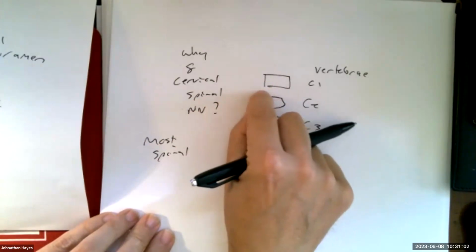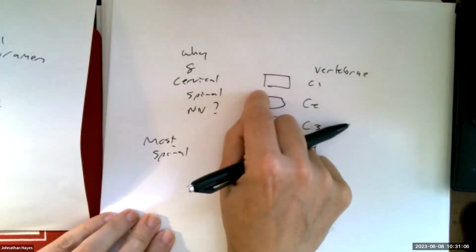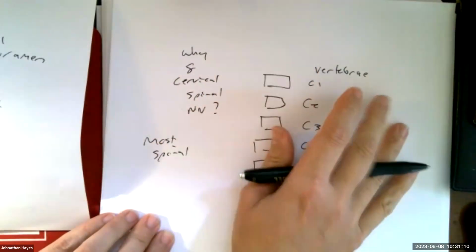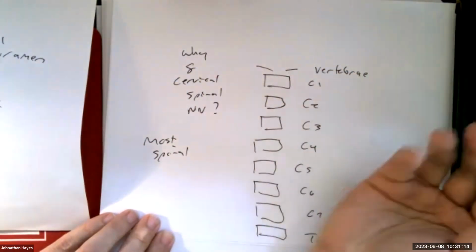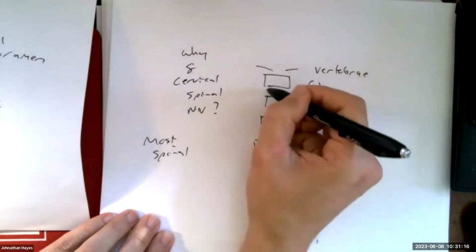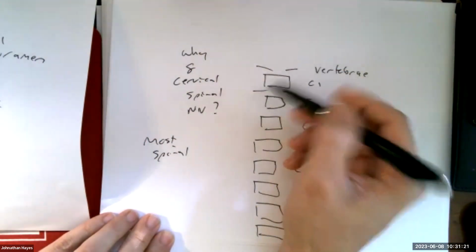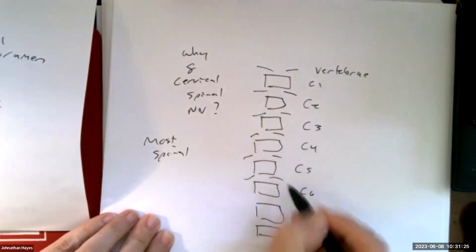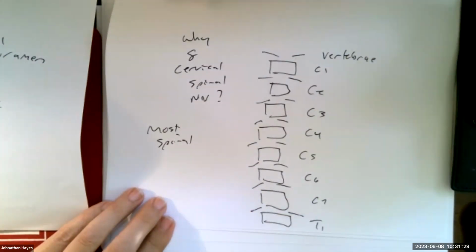Normally, if you had a spinal nerve that came out below C1, it would be called the C1 spinal nerve. But in the cervical region, it changes, because we end up having a spinal nerve that comes out above C1, which ends up being our C1 spinal nerve, and another one that comes out below C1. So that ends up being called C2. So now you have C3, C4, C5, C6, C7, and look, we're still in the cervical region, C8, right?